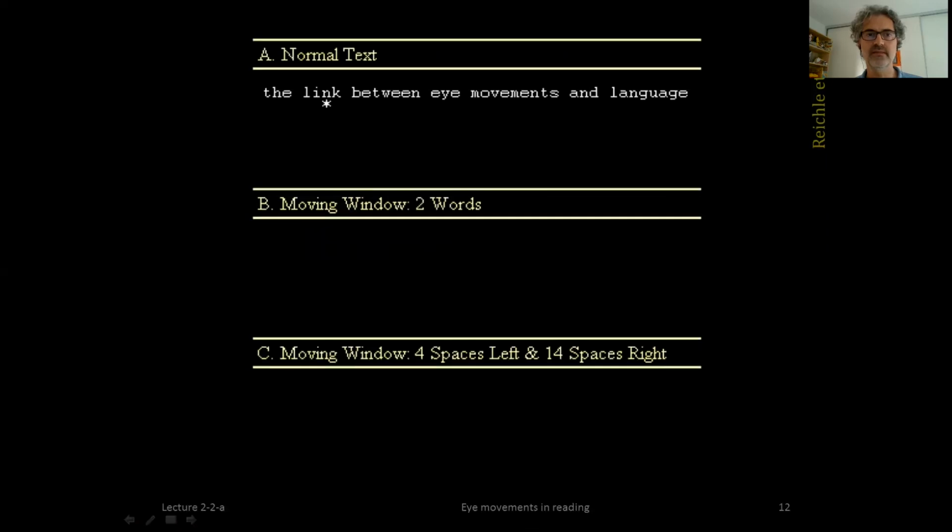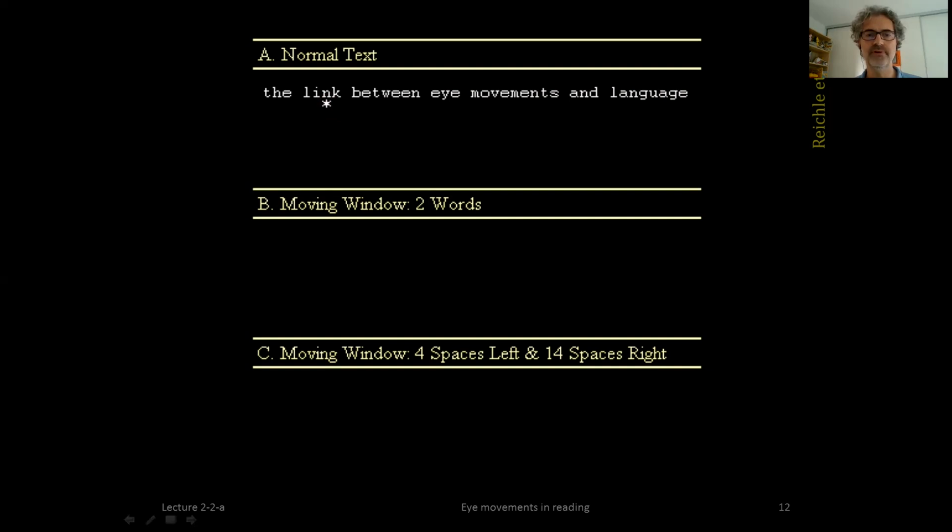Here is a sentence that is presented for participants to read while their eye movements are tracked. The asterisk here indicates the fixation. So this is representation of a moment at which the sentence is seen and the person is looking at the word link.